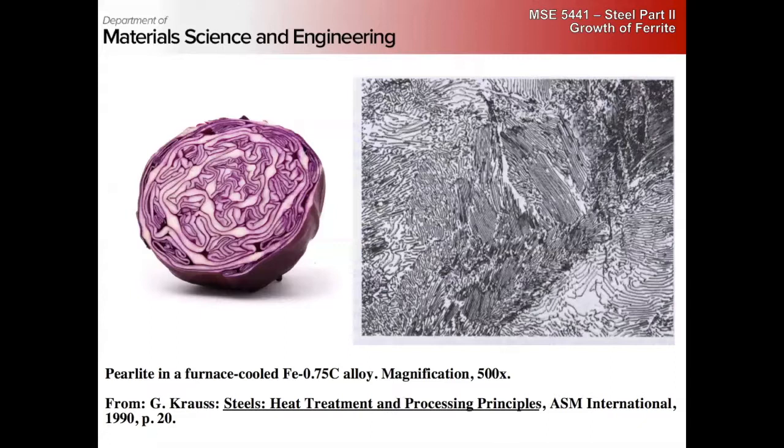But remember, when you look at this, these are not plates that grow perfectly normal in and out of the surface. They're curved in 3D, and they make this cool sort of cabbage structure. You can think of the white being like the ferrite and the purple here being like the cementite.